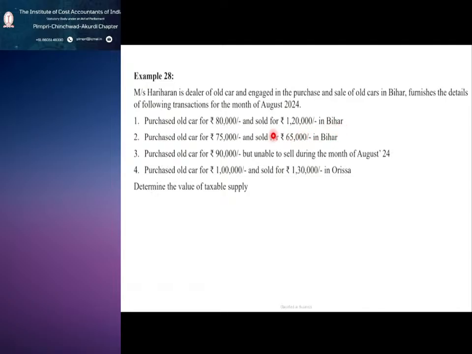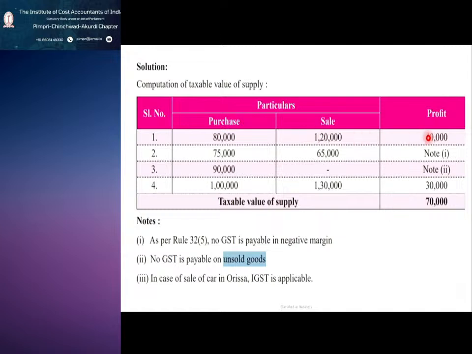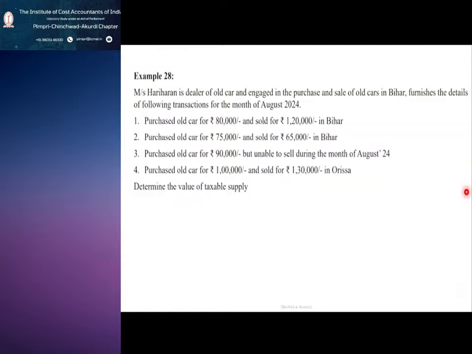So GST applicable on what value? He purchased the old car for 80,000 and sold for 1,20,000. That means he earns a profit of 40,000. So on 40,000, then he will pay the tax. This is the first case.